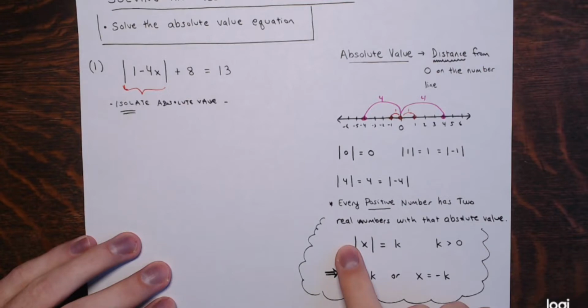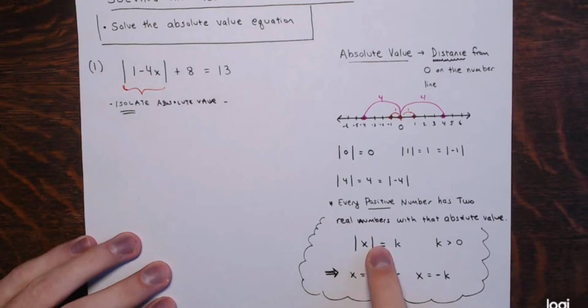Nothing multiplied by it, not divided by anything, not added to or subtracted from anything. Absolute value all by itself equal to some non-negative number, either 0 or some positive number, because remember, absolute value can't be negative.